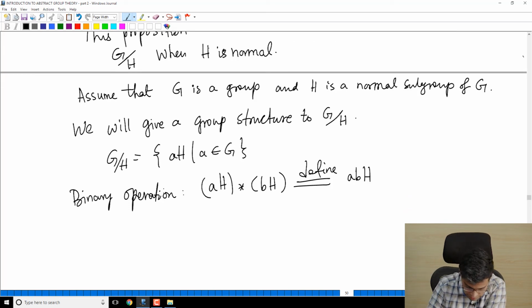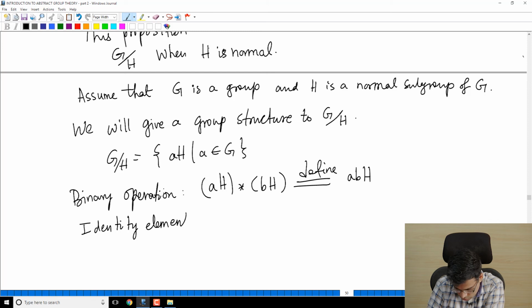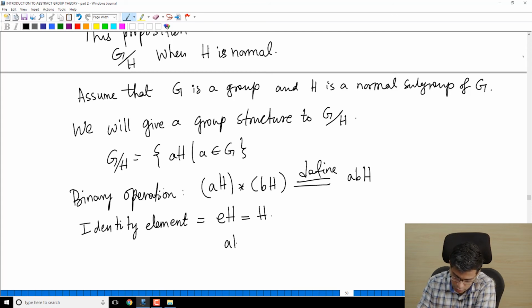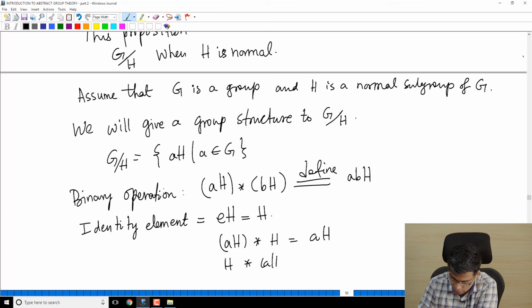Now, is there an identity element? It's simply H. See, H itself is a left coset, right? That is the identity element. Why is that? You take aH star H and this is aH because a star e is a. Similarly, H star aH is aH.